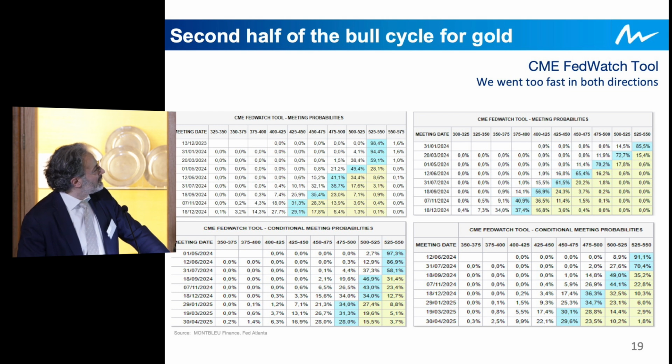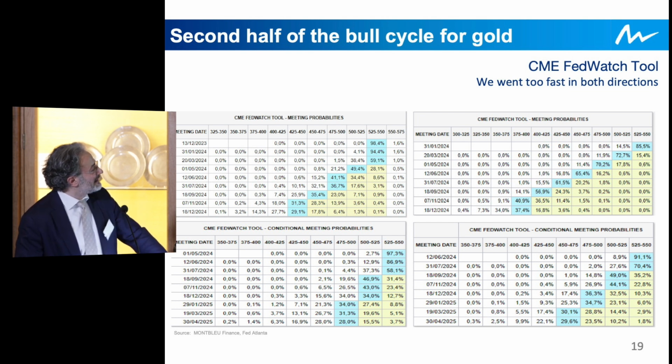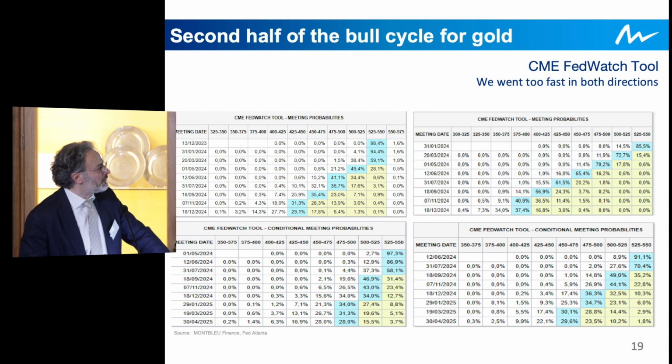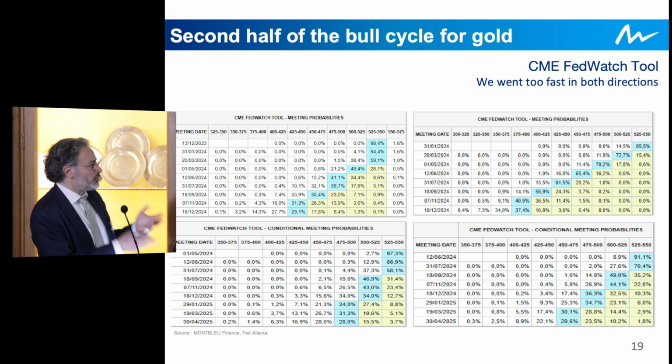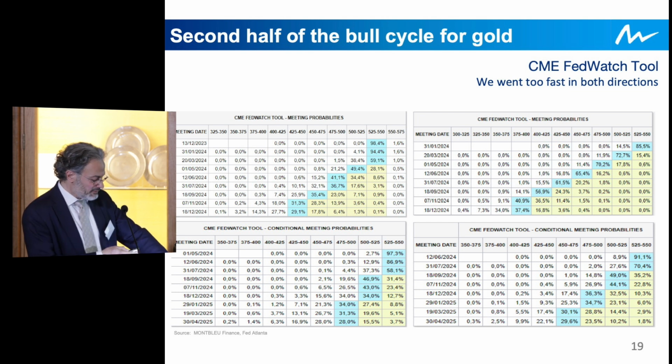We moved from a probability of 30% with Fed funds rates at 4.25 to Fed funds rates at almost 5%. And now we're back to what I consider to be a normal phase of a good correlation between the anticipations of where the Fed funds rates are going to end the year, and the economic reality on the ground.